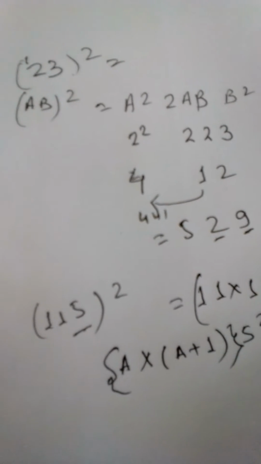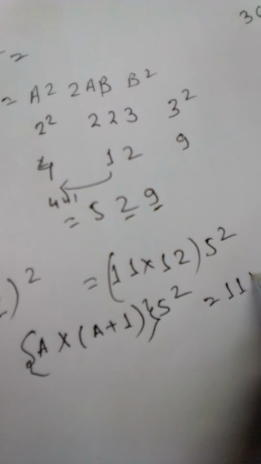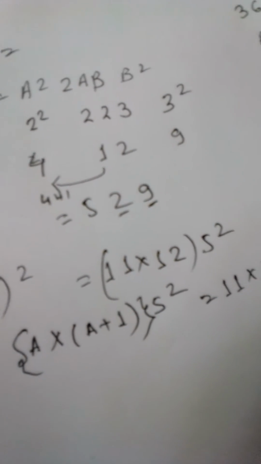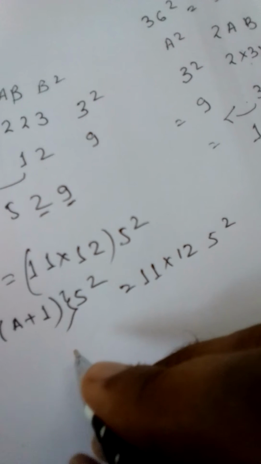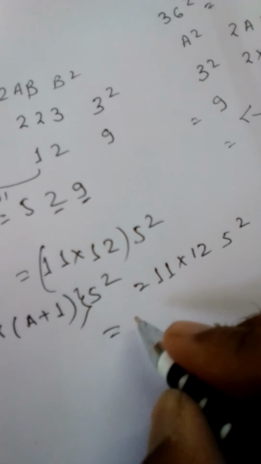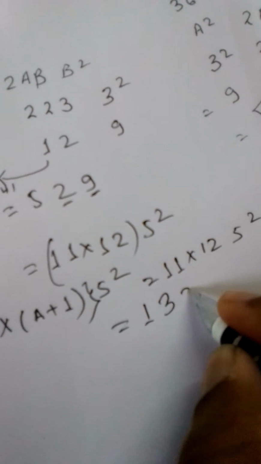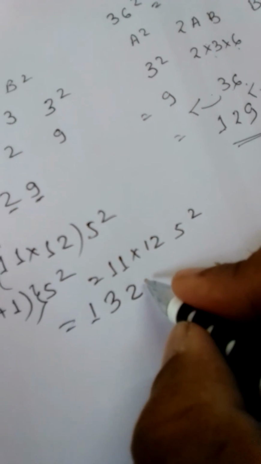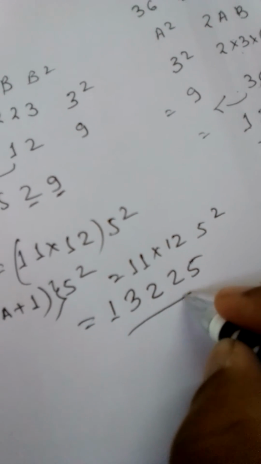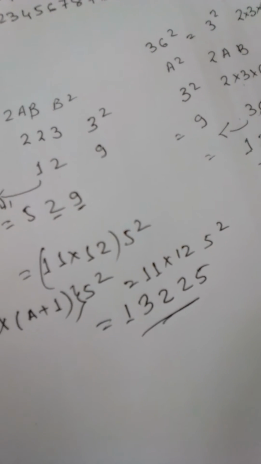So the answer will be 11 into 12 and 5 square. 11 into 12 is 132, and 5 square is 25. So we'll put the numbers like this. The answer will be 13,225.